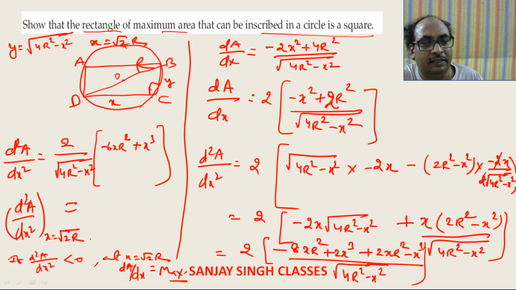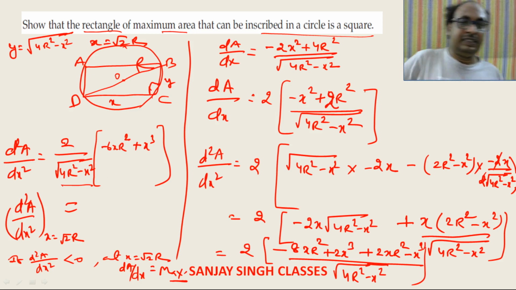So if we are putting here x equal to root 2r, we are getting x square equal to 2r square, and inside we are getting 2r square, so it will be positive only, front side it is positive.